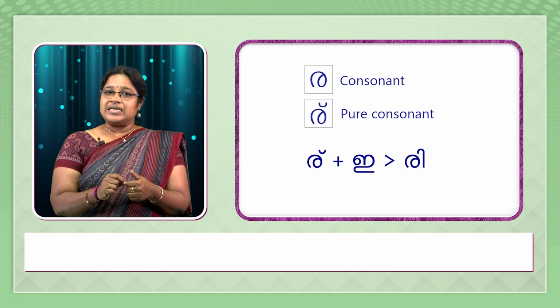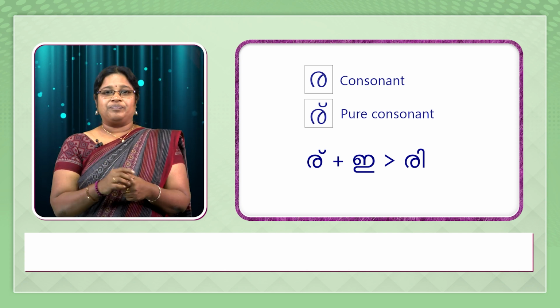Its inherent vowel is omitted and forms a pure consonant letter. With this pure consonant letter, the secondary symbols are added. It is a hidden or existing rollover Malayalam consonant. For example, R plus E, it will become Ri.